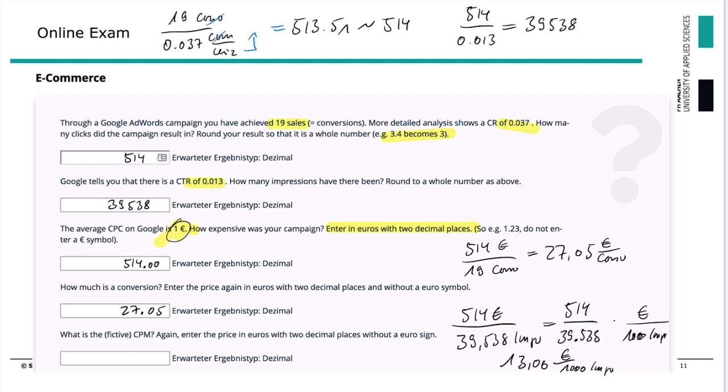So the price in here will be 13 euro. One last comment. It doesn't matter if you take the exact intermediate result you have in your table calculator, or if you type in the rounded version, what you have entered in here. In both cases, your result will be accepted.